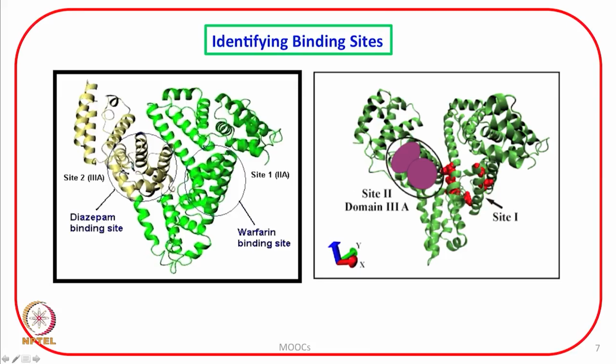And in order to arrive at this kind of result, as I just discussed in the previous slide, we need to do experiments with the site markers and see whether the binding signatures are affected in the absence and in the presence of the site markers.